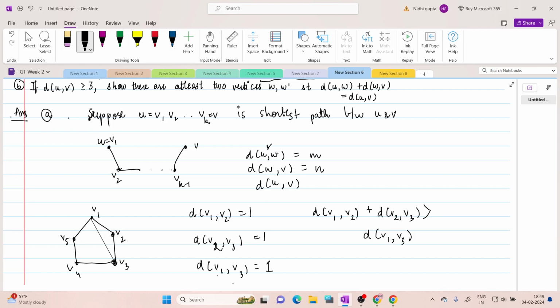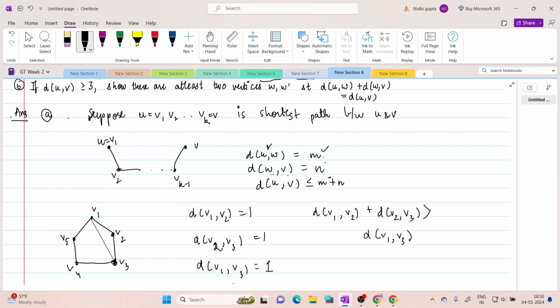So if d(u,w) is m and d(w,v) is n, we cannot say that d(u,v) is m plus n. We can only say that d(u,v) is less than or equal to m plus n, because we have a path of length m between u and w, and a path of length n between w and v.